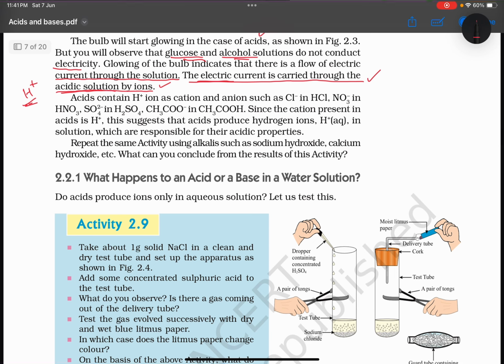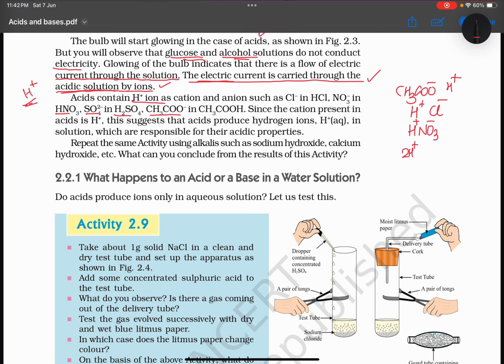Acids contain H plus ions as cation and anions such as Cl minus in HCl, NO3 minus in HNO3, SO4 2 minus in H2SO4, CH3COO minus in CH3COOH, acetic acid.